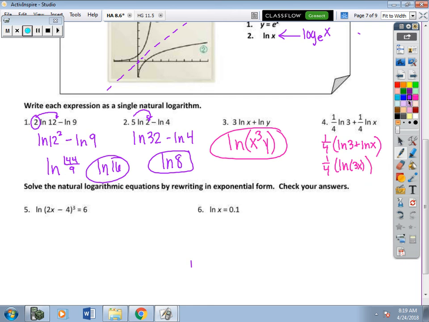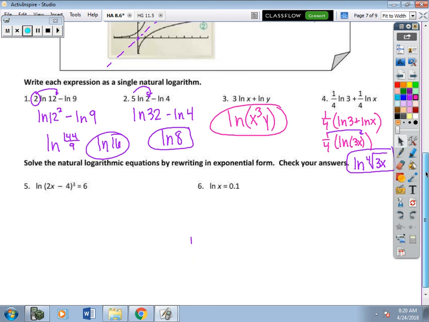And then we can take our 1/4 power and put it back up there. Remembering that the 1/4 power is the 4th root, so this would be the natural log of the 4th root of 3x. It would be improper to leave it 3 to the 1/4 x to the 1/4. You should simplify those. Either put them in a parenthesis or change it to a radical. I think the directions will tell you to change it to radical form.